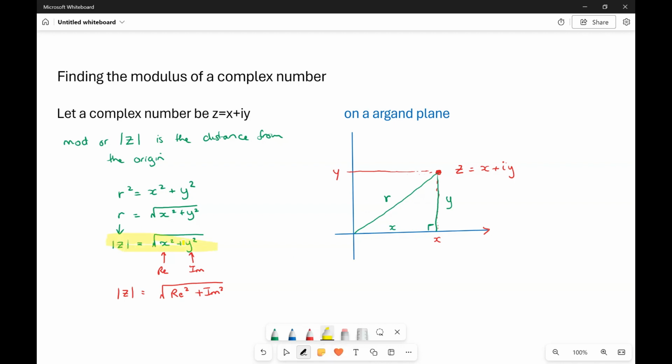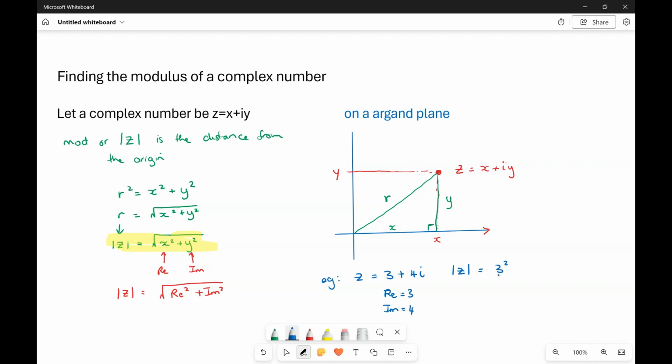Okay, so say for example we had a z value which was 3 plus 4i, then the modulus, without having to draw the graph, will be as follows. The real part is equal to 3, and the imaginary part is equal to 4.